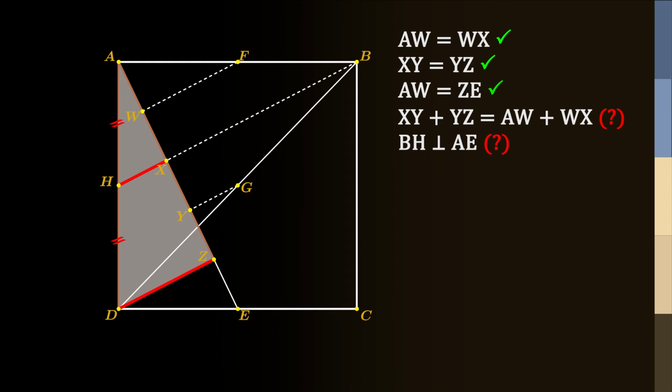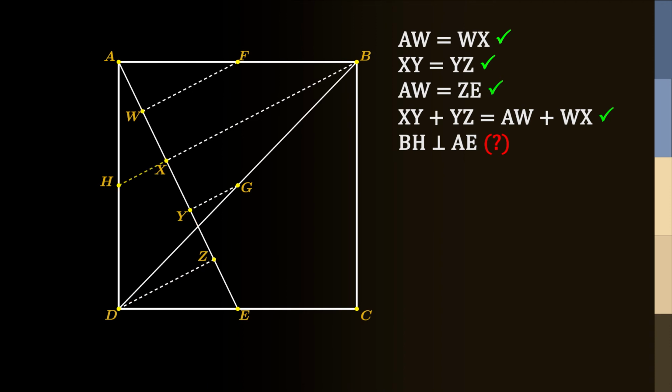Ergo, X divides the triangle side AZ in two equal parts, and that's what we needed because those parts are XZ and AX. And that proves the last equality that we needed to conclude that AW equals WX equals XY equals YZ equals ZE.